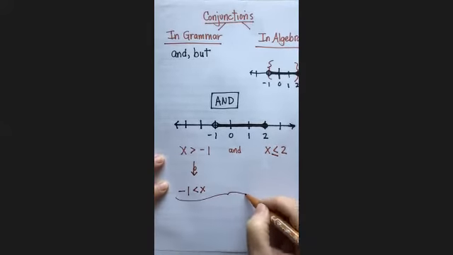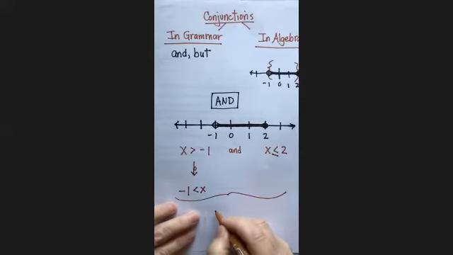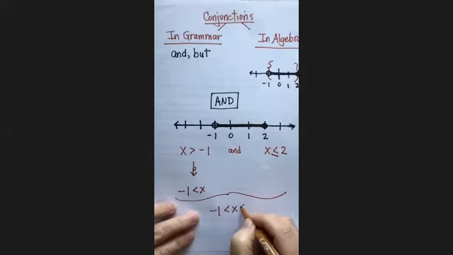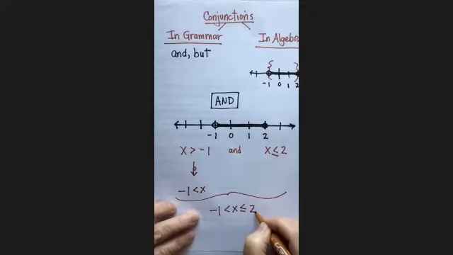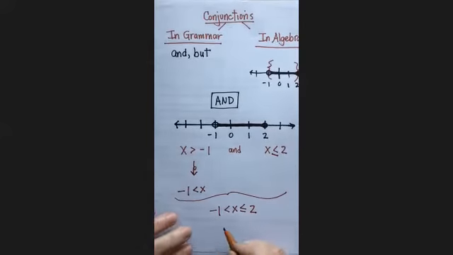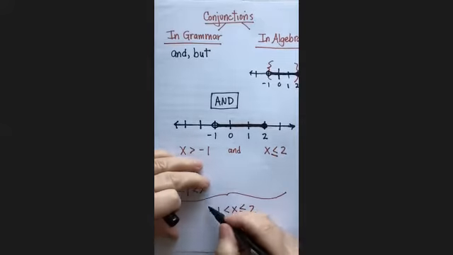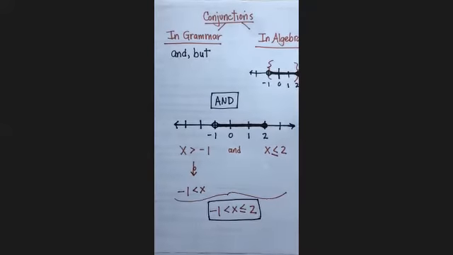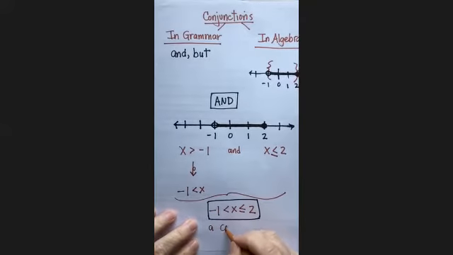So we can put these both together like this: -1 less than x, which is less than or equal to 2. You can always do this kind of expression when you have a conjunction.